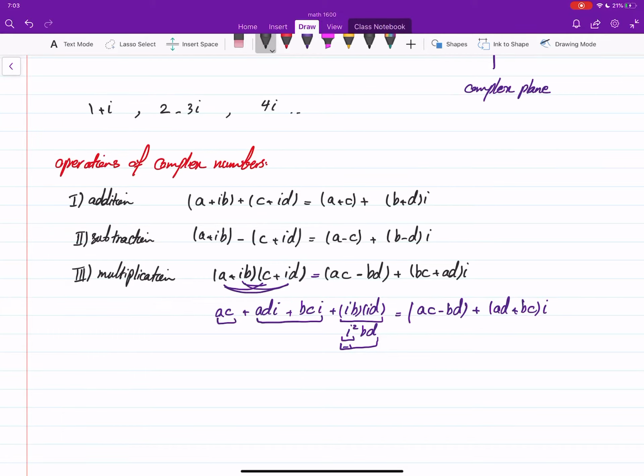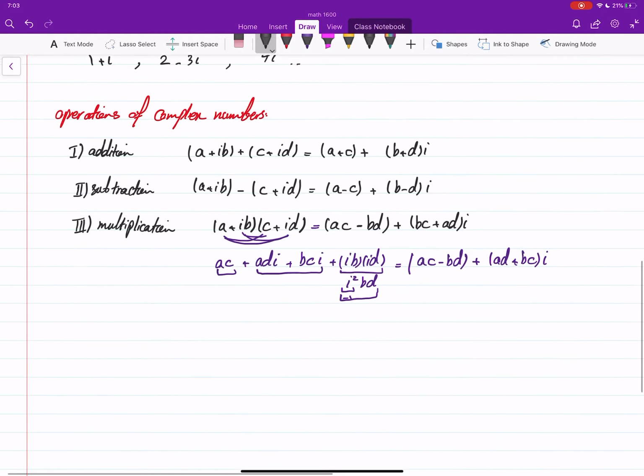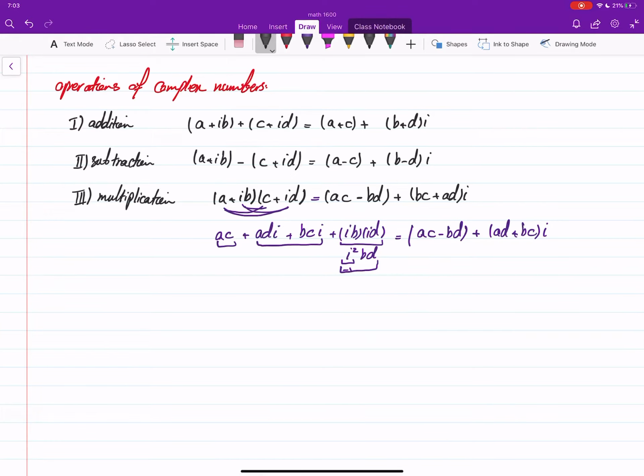So the next thing is division. Yes, how you can divide two things. For that, let me just introduce a few new things here. One is called a conjugate of a complex number.